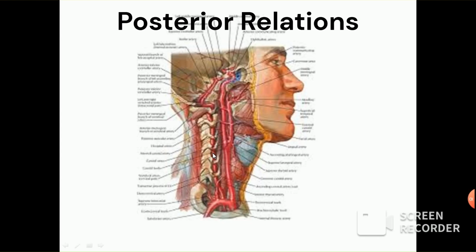And apart from that, we also have the thoracic duct on the left side. Okay, so what you have to remember here for the posterior relations: the transverse processes of the lower vertebrae, the inferior thyroid artery, the vertebral artery, and the thoracic duct.